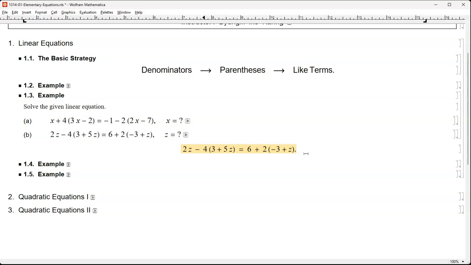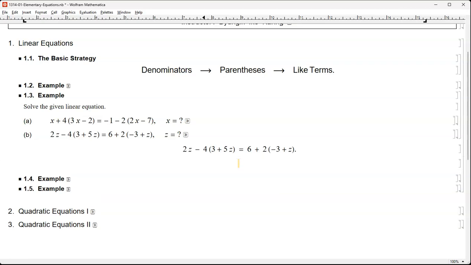Let's go ahead and break up these parentheses. 2z minus 4 times 3, 12. And then 4 times 5, 20z, and 6. And then 2 times negative 3, minus 6. And then 2 times z. So we get this, right? No, I did it again.